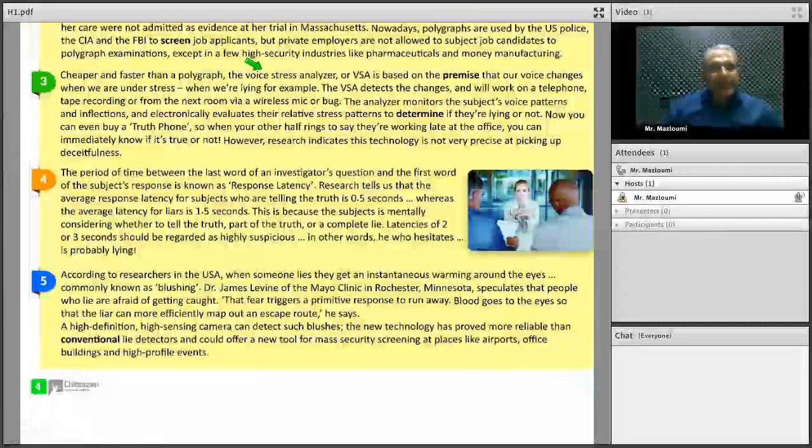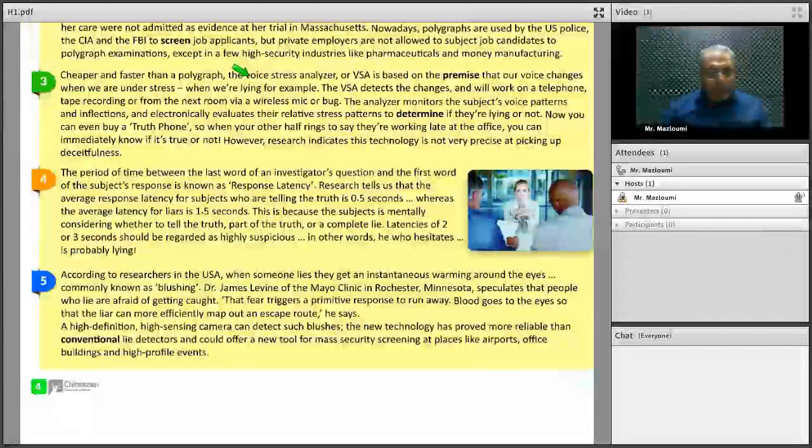Well, there is another gadget, another tool that is cheaper and faster than a polygraph, than a lie detector, and it is a VSA. VSA, everyone, stands for Voice Stress Analyzer. And this machine is based on the premise. Premise means idea. Idea.